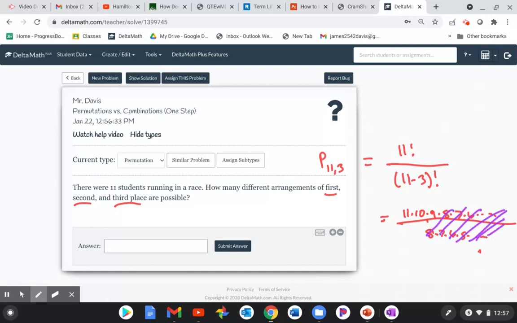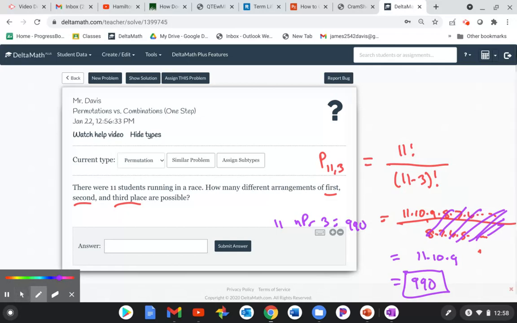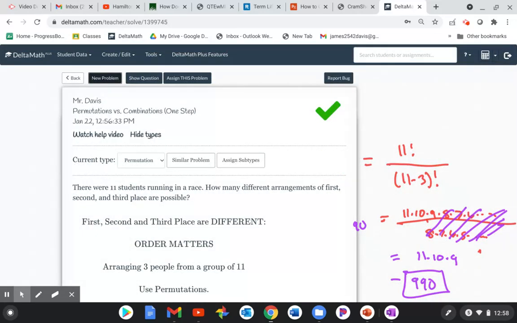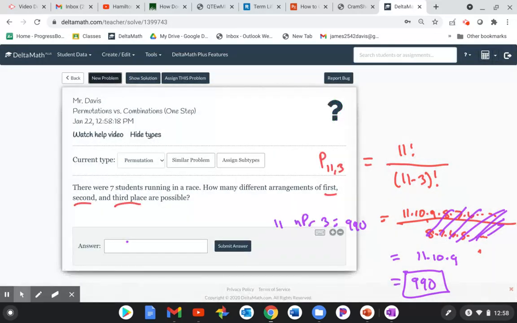All these cancel. And we're left with just 11 times 10 times 9 on the top. And that becomes our answer. So 990. Again, we could do this on our calculator. 11 nPr 3, and you will get the same 990. So make sure you are identifying on this last set of problems whether the order is important or not.